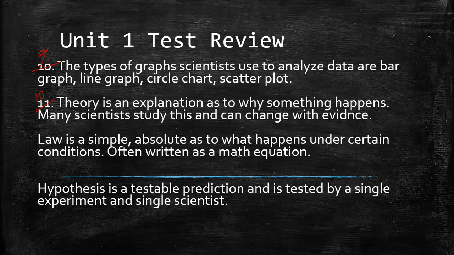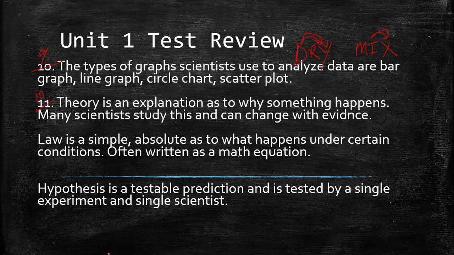Remember the idea of DRY MIX, right? So DRY MIX: dependent on the Y, so D on the Y axis, and the manipulated independent goes on the X axis. So the independent on the X. So if you're having to determine the graph, remember the dependent variable will be on the Y and the independent will be on the X.